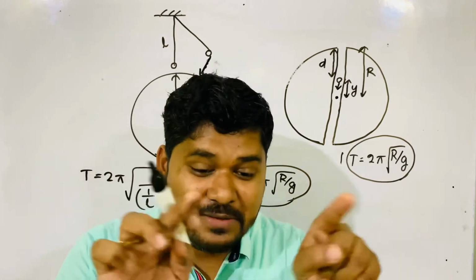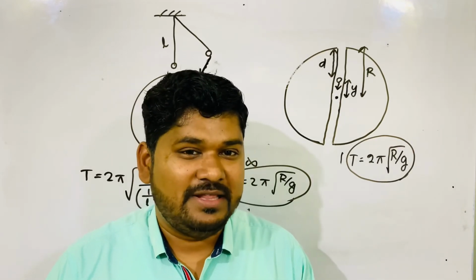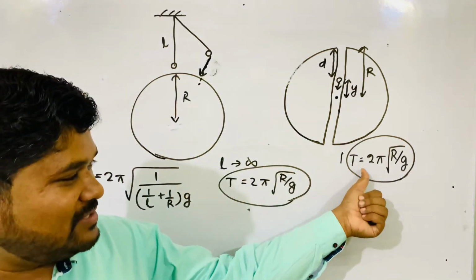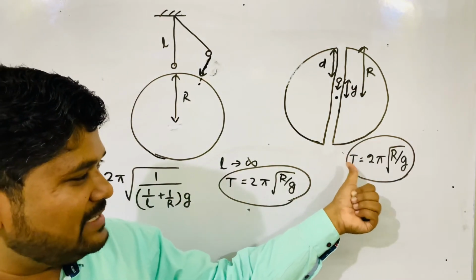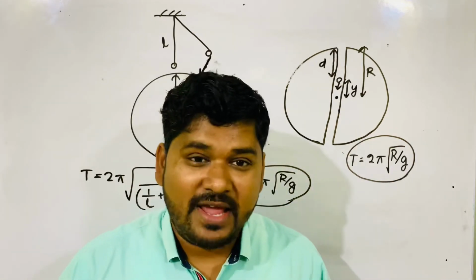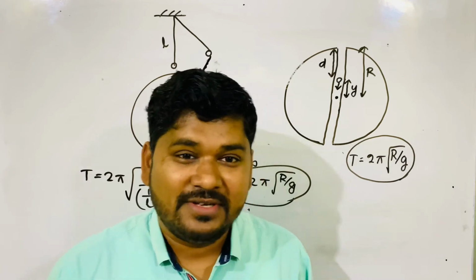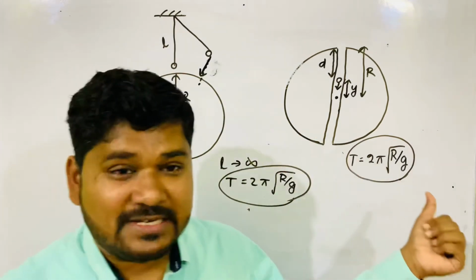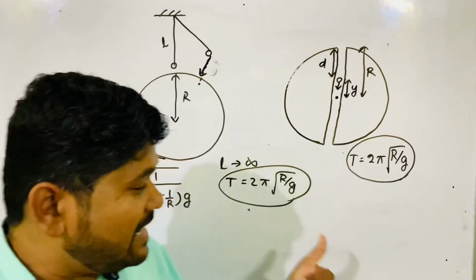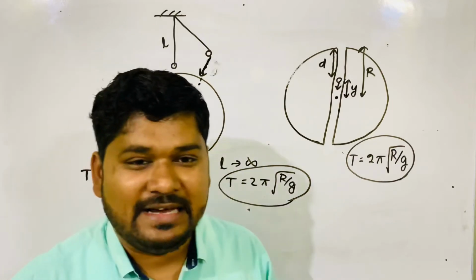The satellite which revolves very close to Earth in gravitation. When the satellite revolves very close to Earth, the time period expression is also this one. So three expressions are matching. Yes, this will help you to solve the questions. Time period of the satellite very close to Earth, time period of the body at the center of Earth, time period of the pendulum of length infinite, all three are same.